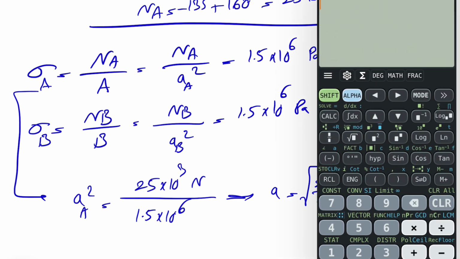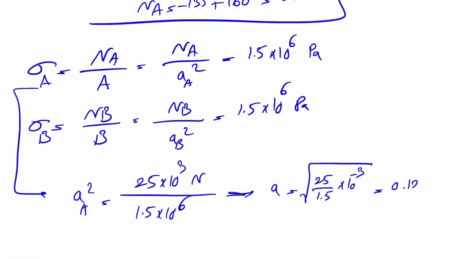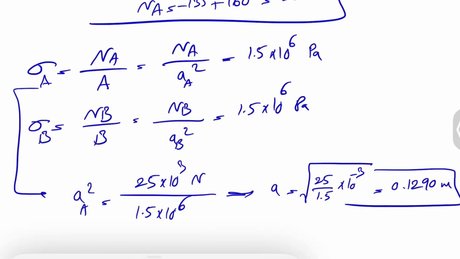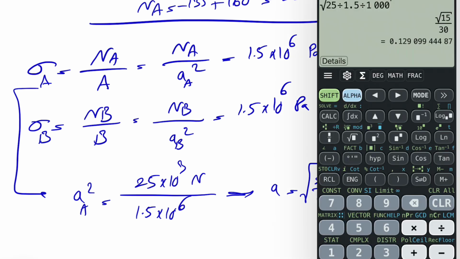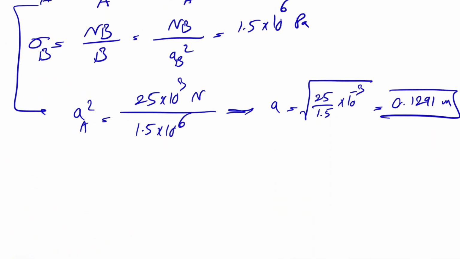Let's calculate that. The square root of 25 divided by 1.5 divided by 1,000 gives us 0.1291 meter. That's what we have for A.